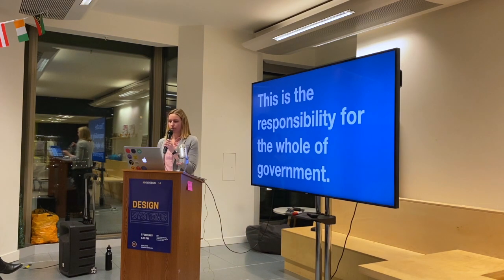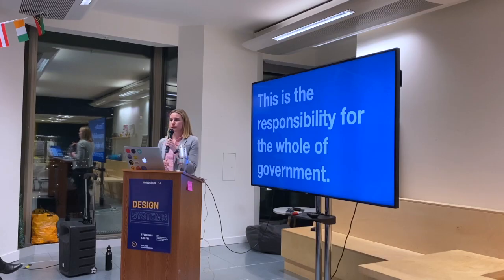An important point is that this is the responsibility of the whole of government. In speaking to senior management at MOJ about this issue and how we could potentially solve it, sometimes I get the feeling that they say, well, isn't this GDS's problem? Why aren't they putting things up online? Why aren't they adding stuff to the Gov.uk design system?